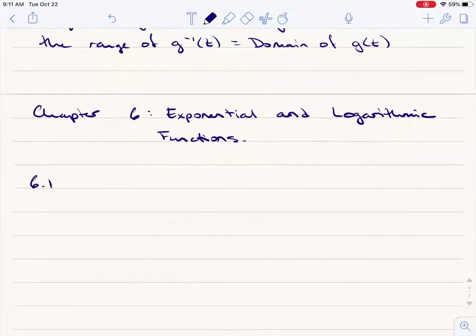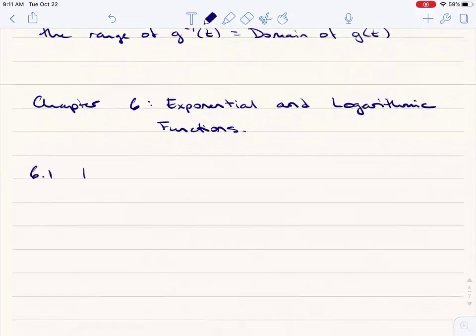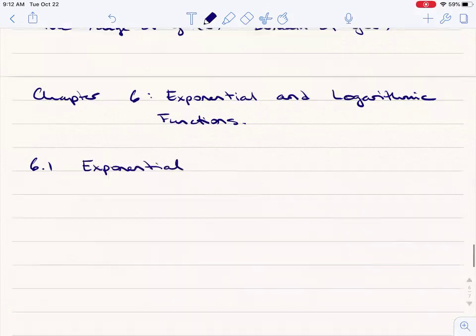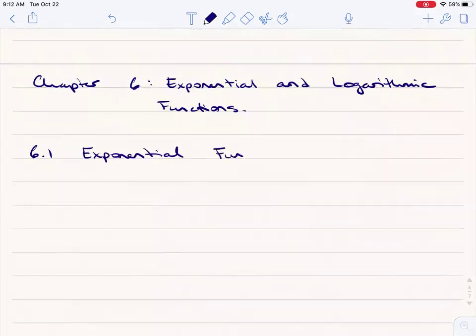We're going to start in section 6.1, and then work all the way through to 6.6, I want to say. Not today, obviously, but that would be impossible. Well, not impossible. We'll start with exponential functions.